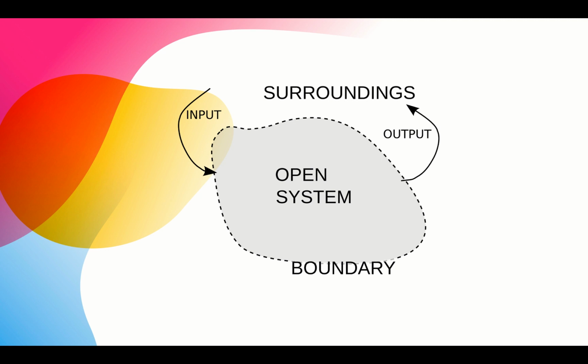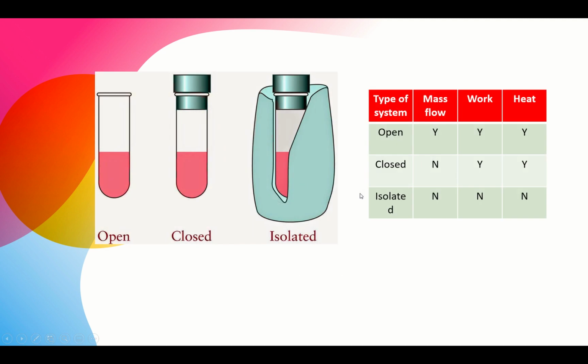So the first thing that we started out with was to introduce to you what a system is, surroundings, and what actually goes in between them, which is a boundary. And with the system, we have three main systems that we define, mainly the open, closed, and isolated.